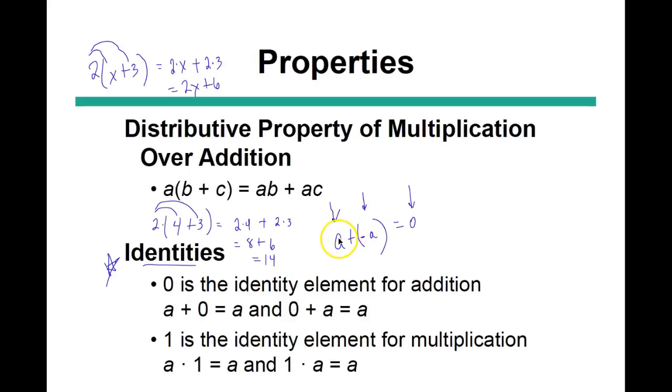And so anytime you take a number with its operation and do its inverse to it, you always get the identity element. And so again, this is why whenever we take some number and we multiply it times its reciprocal, or what we call its multiplicative inverse, we always get the identity element for multiplication, which in this case is just 1.